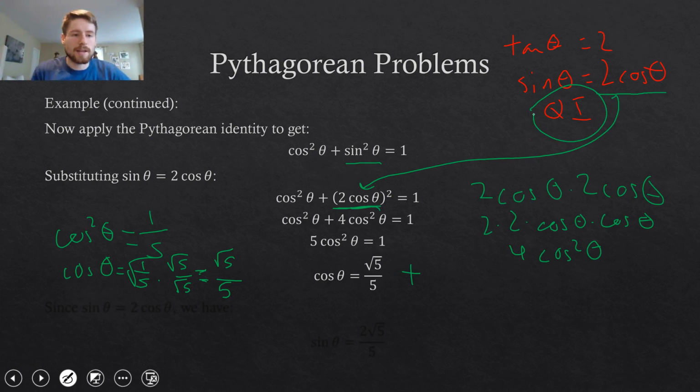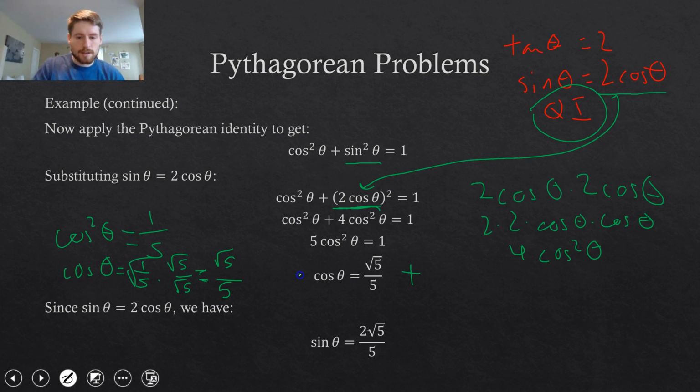Not the negative of the answer. And now we know, since sine is equal to 2 cosine theta, we found what cosine theta is. We know sine is twice as much, therefore sine of theta is 2 square root 5 over 5. So we found our cosine of the angle, we found our sine of the angle, and at no point in this process did we need to figure out what that angle was exactly.